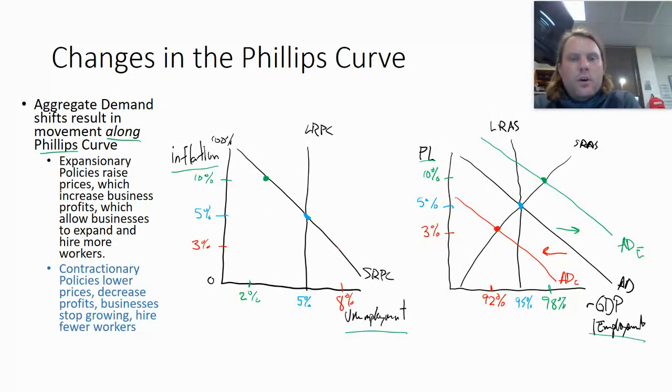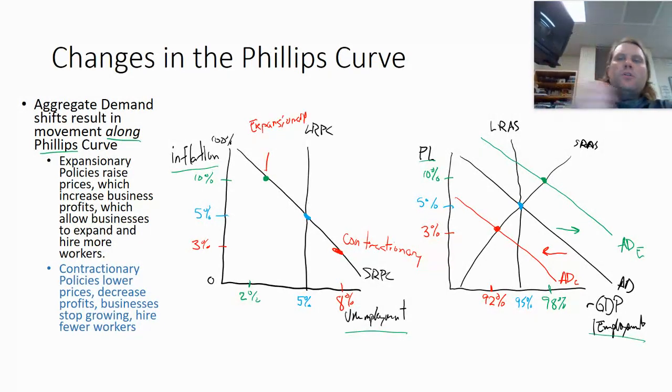So here's our new point. This is contractionary. This up here is expansionary. And you can also show that if, let's say, somebody were to ask you to show expansionary policy, what that would do on a Phillips curve, you could draw this dot right here.